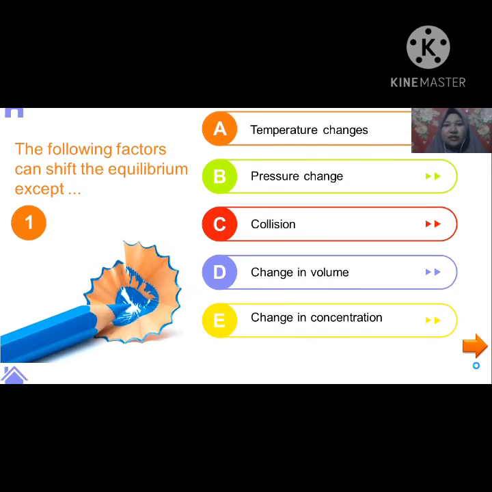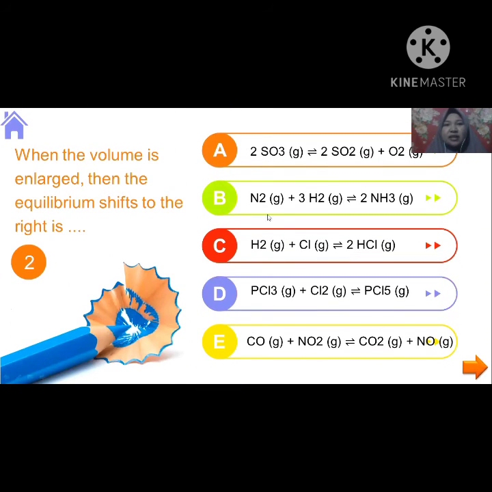So the next question: when the volume is enlarged, then the equilibrium shifts to the right. So we have some reactions here.